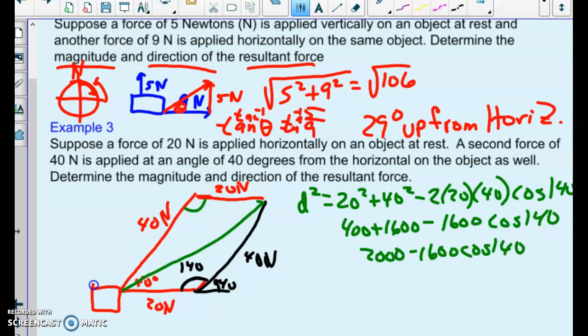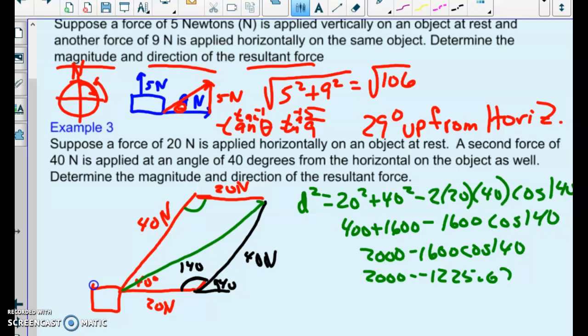And let me get my calculator out to get that. So I have 1,600 cosine of 140, making sure I'm in degrees, because radians would give me a weird answer. That gives me a negative, so 2,000 minus negative 1,225.67.